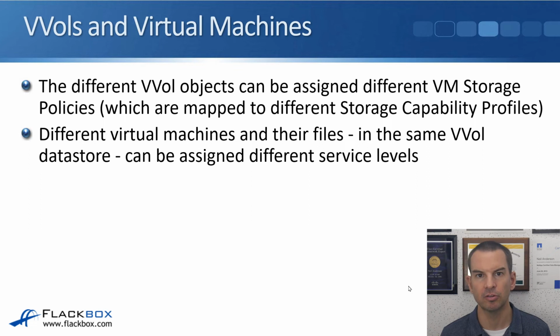We then used the vSphere VM storage policies when we were deploying the virtual machines to say what storage characteristics we wanted those virtual machines to get. The VM storage policies were mapped to the storage capability profiles with a one-to-one relationship. So that works exactly the same in VVol Datastores as it does for traditional data stores.